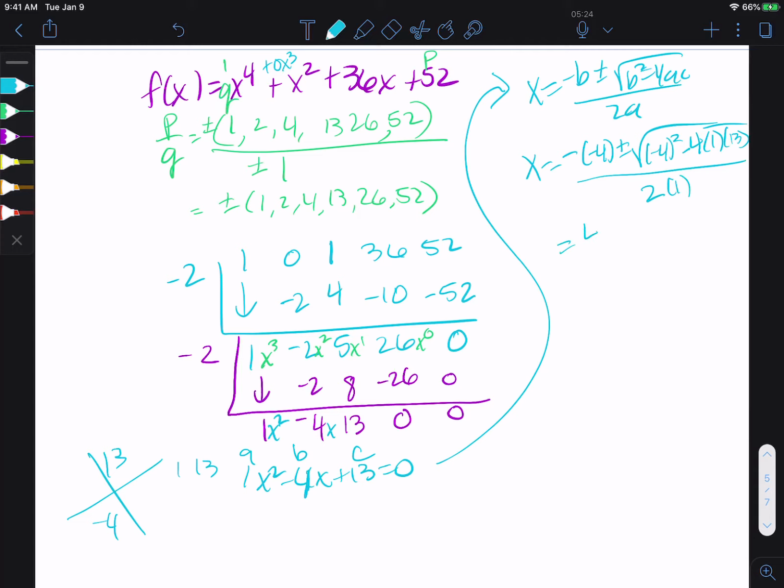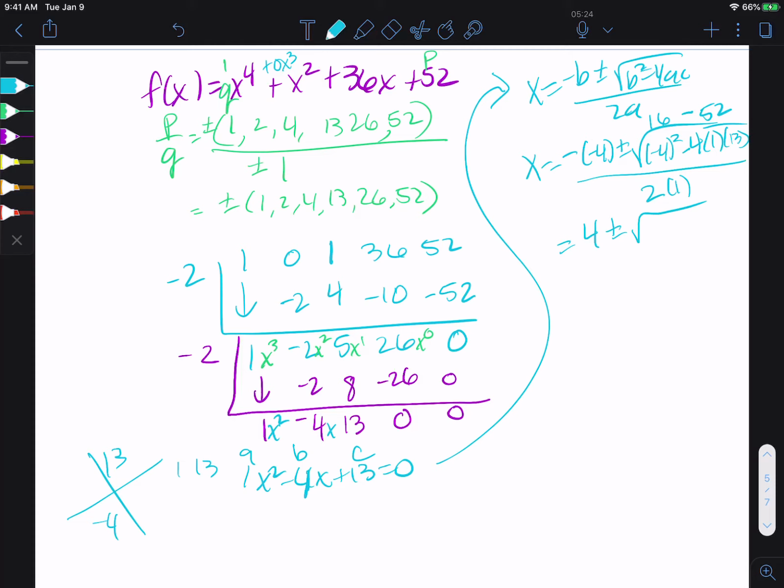So -4 is +4, plus or minus 4 squared, -4 squared is 16. And then if I do 4 times 1 times 13, that gives us 52. And then I like to do my signs. It's negative times positive, which gives me a -52.